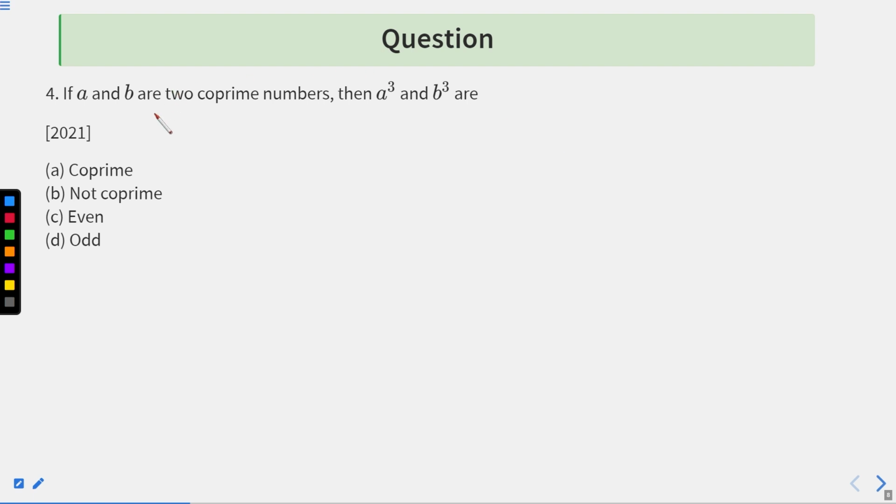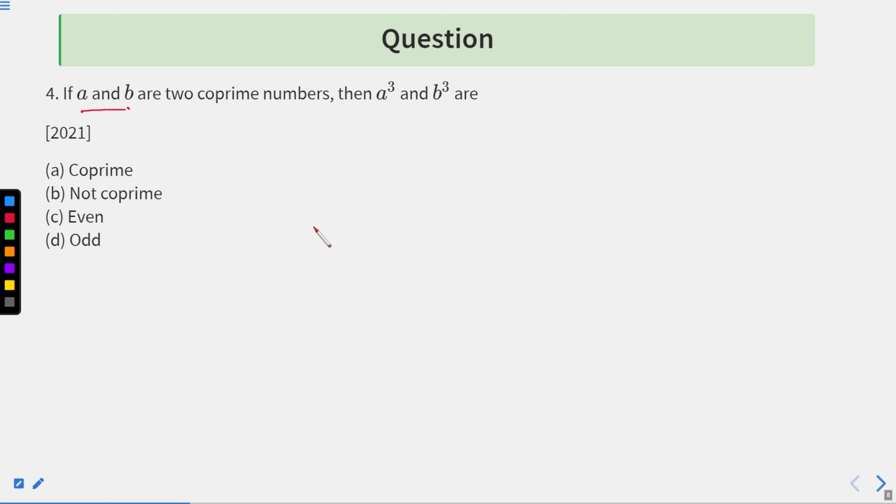In the next question we have been asked: if A and B are two co-prime numbers, and you already know what co-prime numbers are. Two numbers A and B are called co-prime when the HCF of A and B is equal to 1.